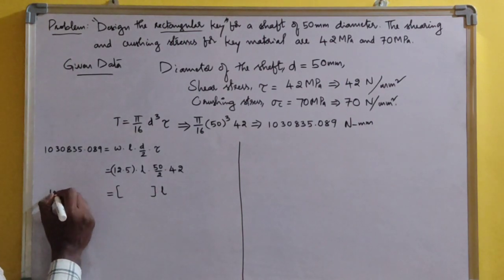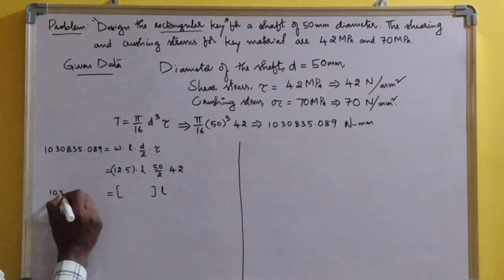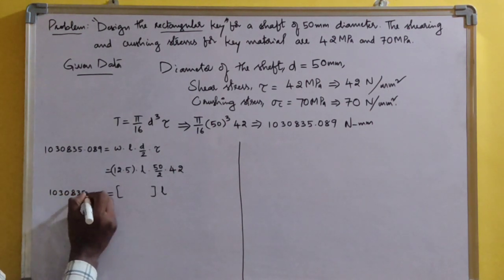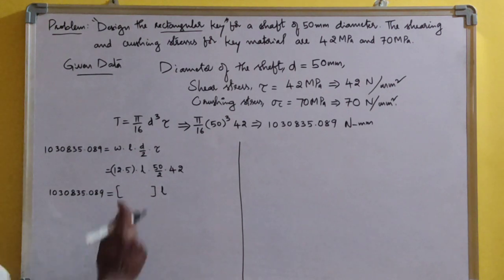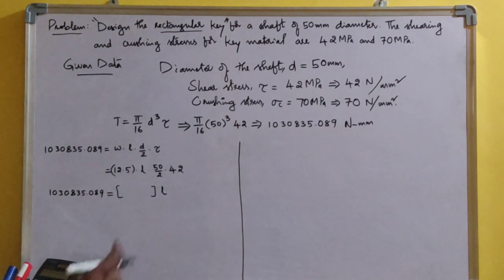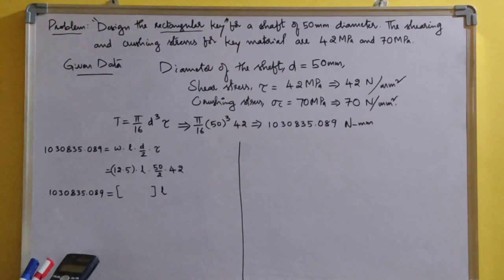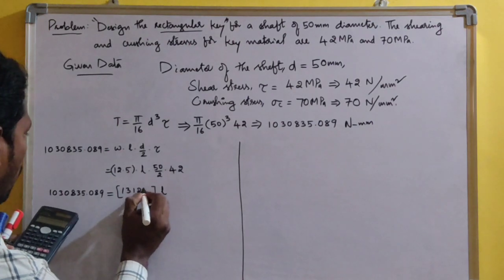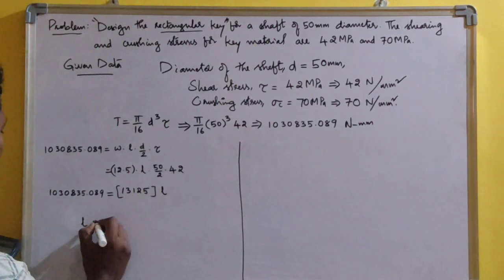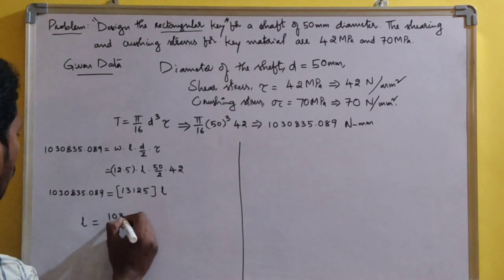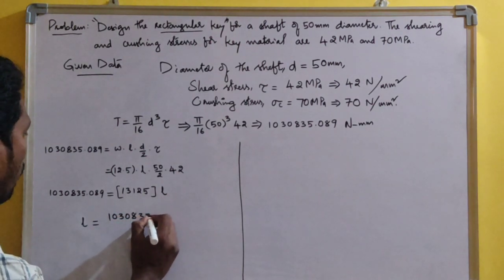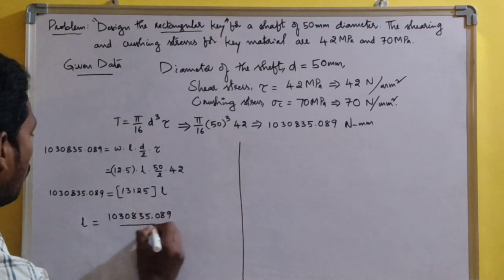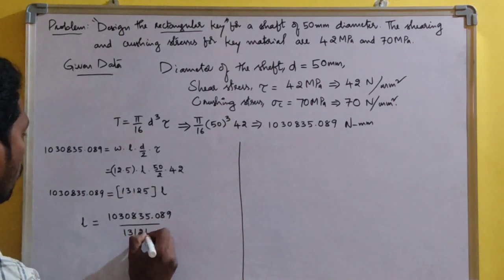It can be written like this: 1030.835.089. Now 50 by 2 means 25, into 42, into 12.5. So this value is 13125. So the L value is 1030.835.089 divided by 13125.